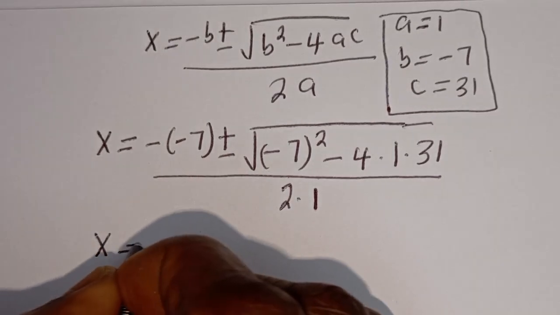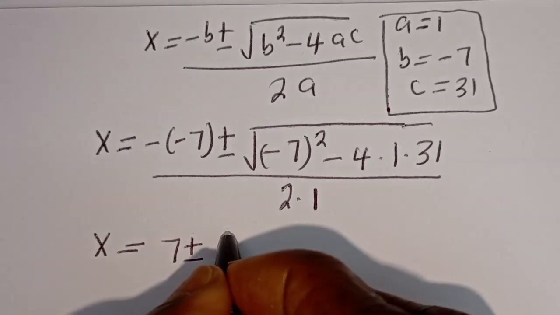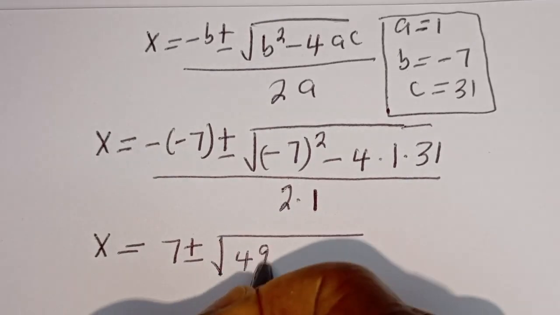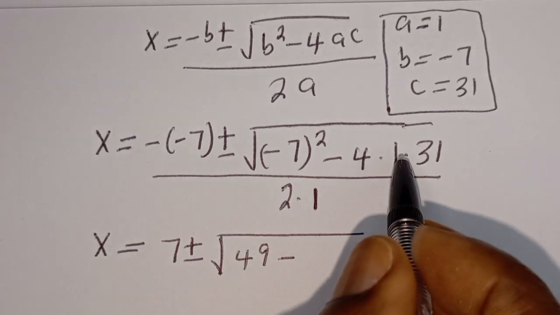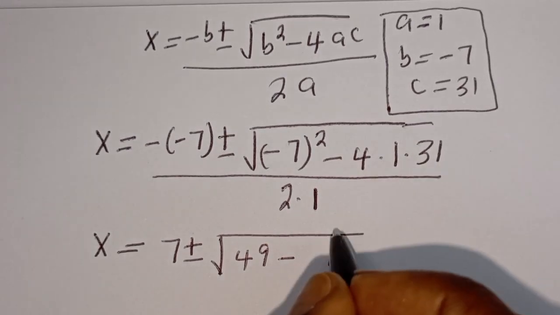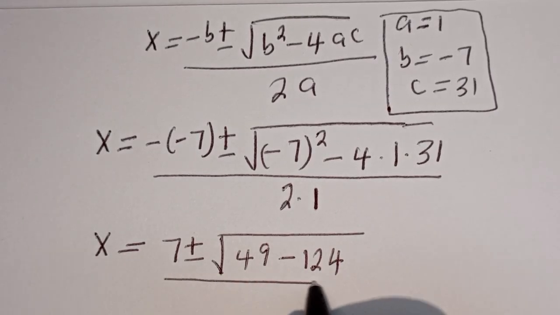Then x is equal to minus (minus 7) plus or minus the square root of (minus 7) squared minus 4 multiplied by a is 1 multiplied by c is 31, divided by 2 multiplied by a is 1. This is 7 plus or minus the square root of 49 minus 4 times 1 times 31, that is 124, divided by 2.